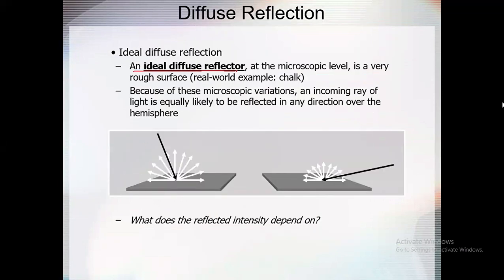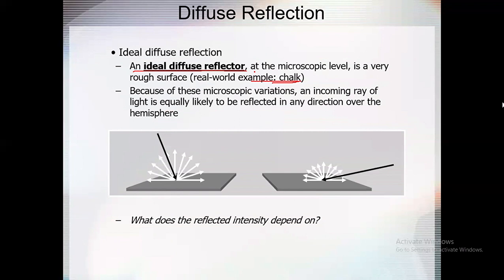So what does diffusive reflection say? An ideal surface reflector. Ideal surface. That means all the reflected things are in the same manner. The real-world example is chalk. Why chalk? That means its intermolecular vibration or bonding is not uniform.